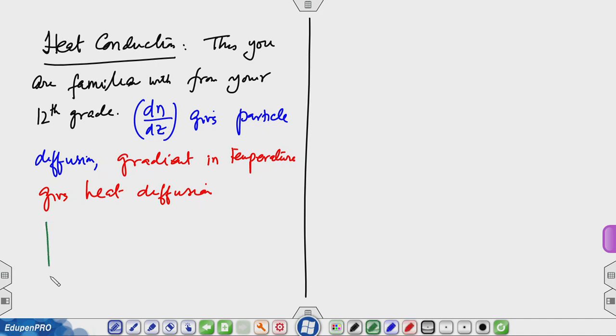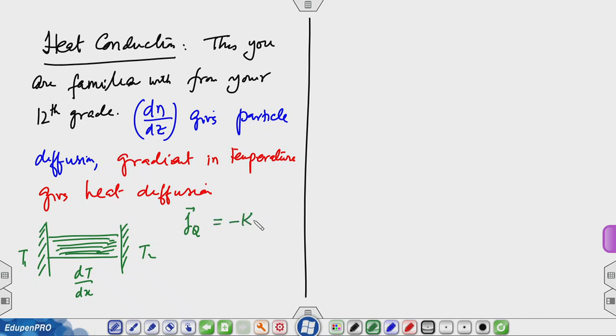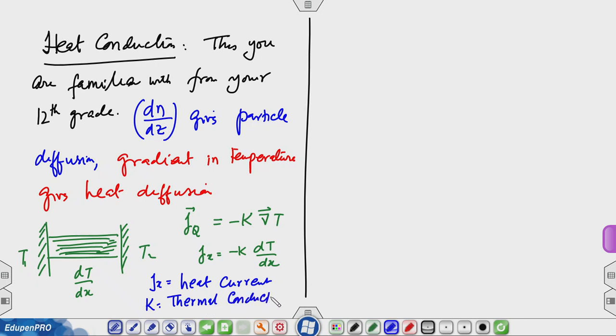So what you have studied in your 12th grade is, if I maintain two ends of a conducting material at temperatures T1 and T2, and there is a dT/dx in the middle, then you get the heat current, that is energy passing or heat passing per unit area per unit time, to be equal to, exactly like Fick's law, minus k grad of T, or in the present case it's going to be Jx equals minus k dT/dx, where Jx is the heat current and k is thermal conductivity.